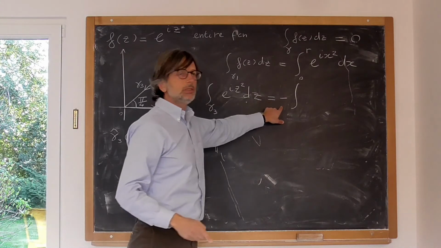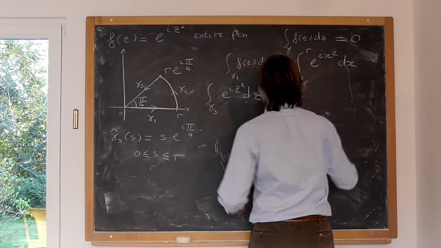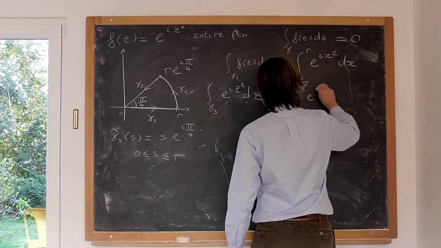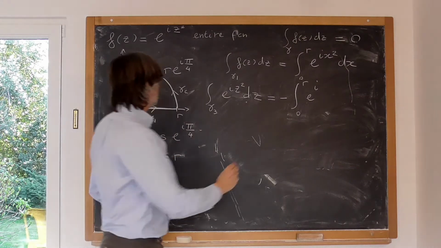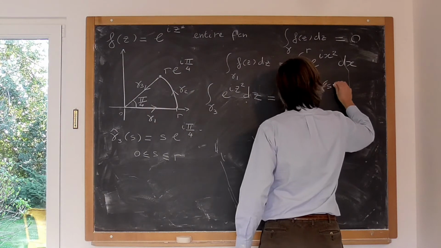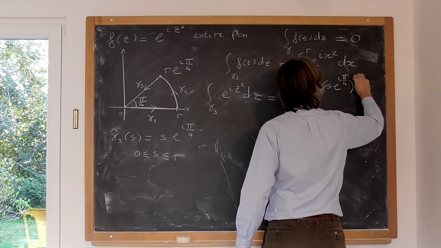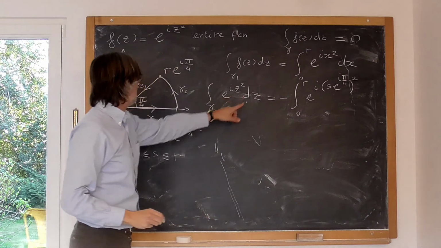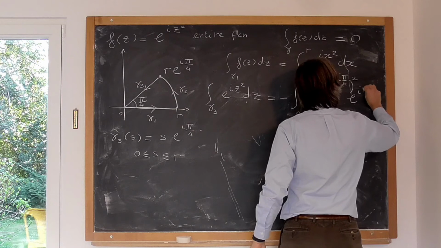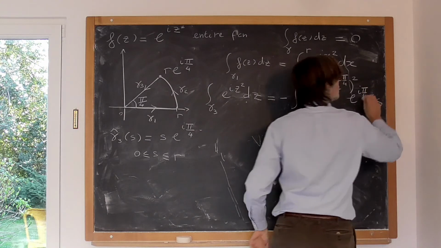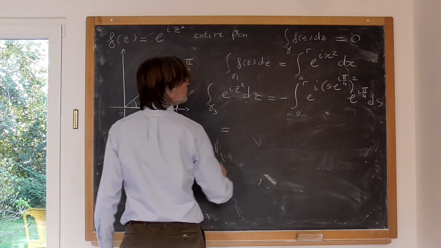So here we get a minus sign, and then we get an integral from 0 to r, and here we have e to the i z squared. So z is s times this, so here we have s times e to the i pi over 4, and this is squared, and dz is e to the i pi over 4 ds. Okay, let's go on.